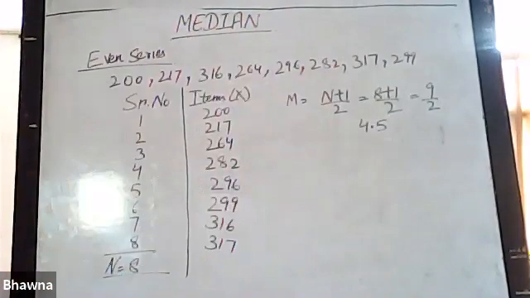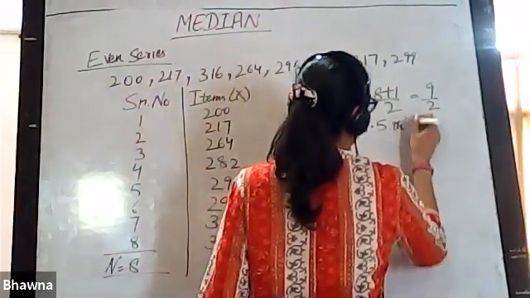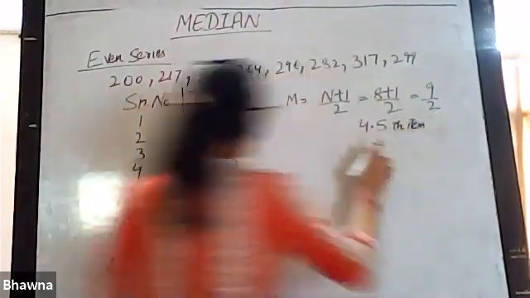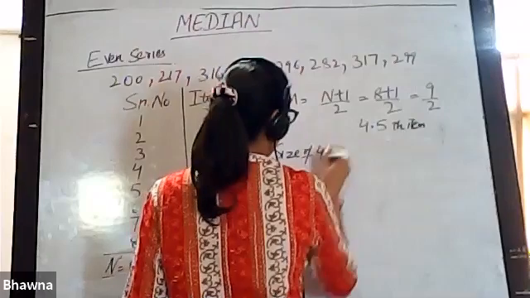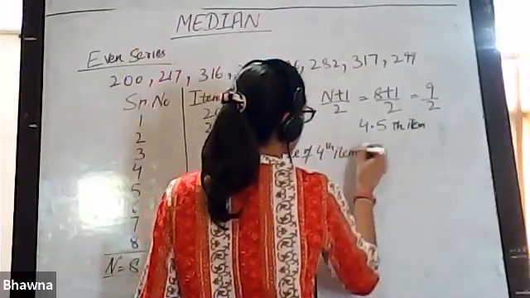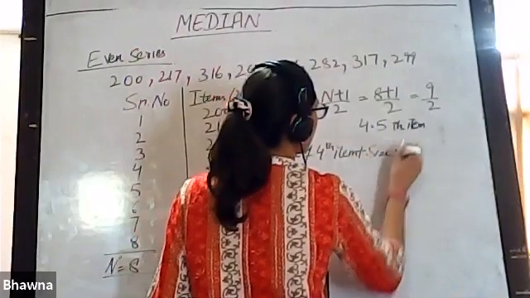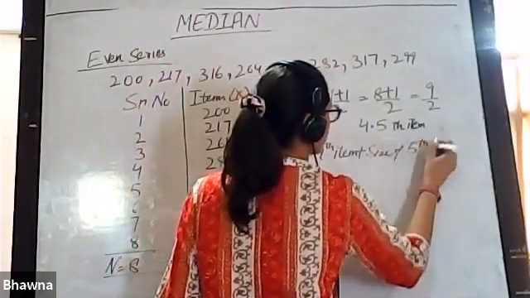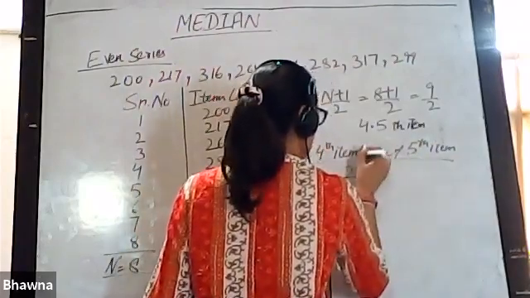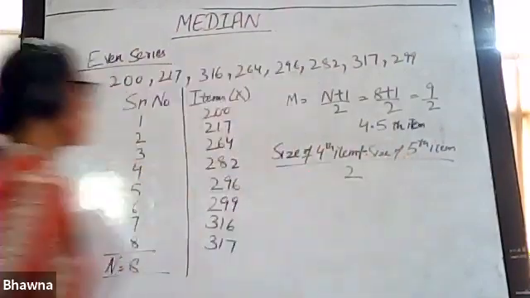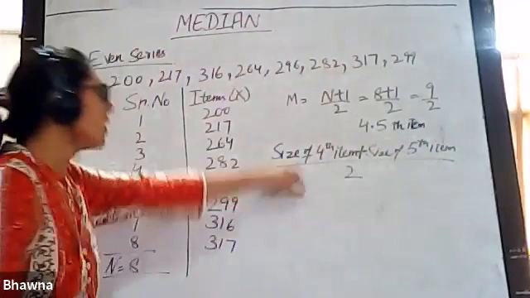So to calculate this, we have to calculate the size of the fourth item plus the size of the fifth item, then divided by 2. So in an even series, we have to use this formula.